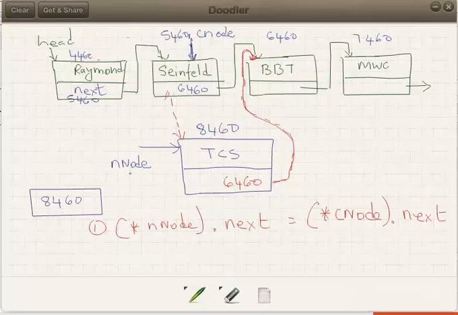N node has it, right? N node is the address 8460. Where should I put it? In here, right? It's like a swap routine. If you watch it a little closely, this is nothing but a swap. C node dot next equal N node. That means 8460.